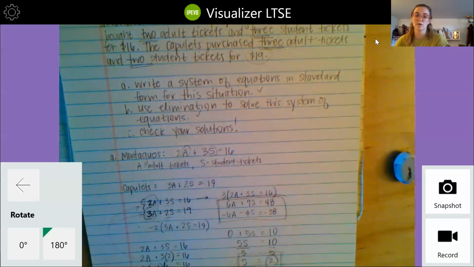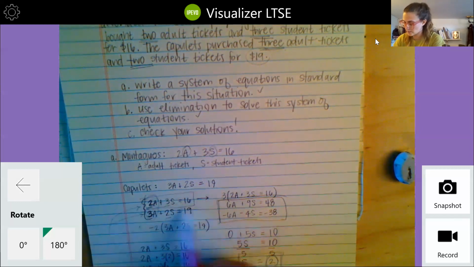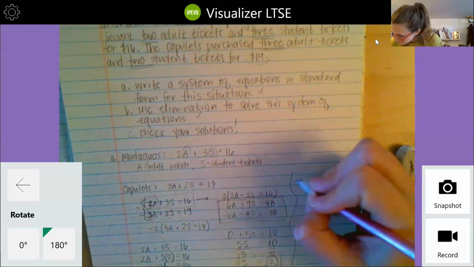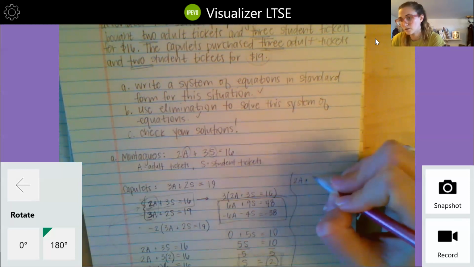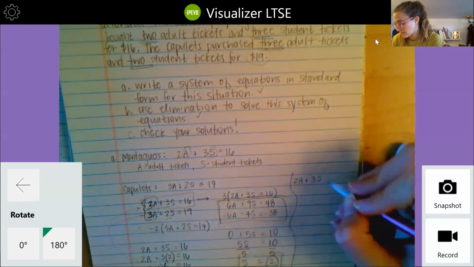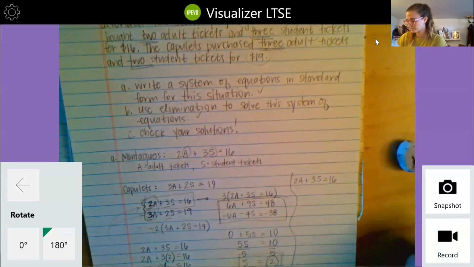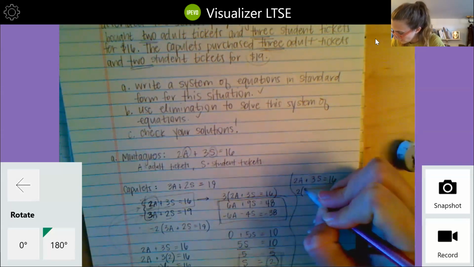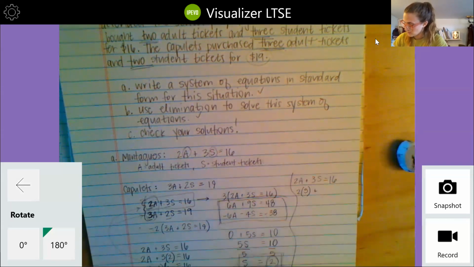So we just went through parts A and B. Now we need to do C. We need to check our solutions. So let's first check this first equation. 2a plus 3s equals 16. A is going to equal 5. So 2 times 5 plus s is going to equal 2.